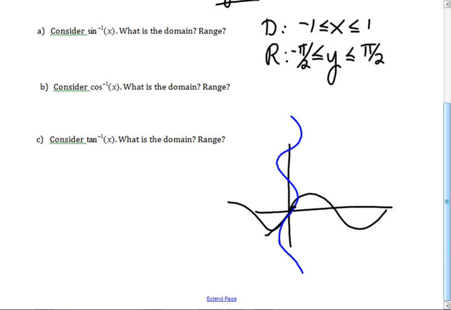We want our inverse to be a function. So if I restrict myself here on the original function, then I'm going to restrict myself right here. And this is going to be what? This is 1, this is pi over 2, and this is minus pi over 2.